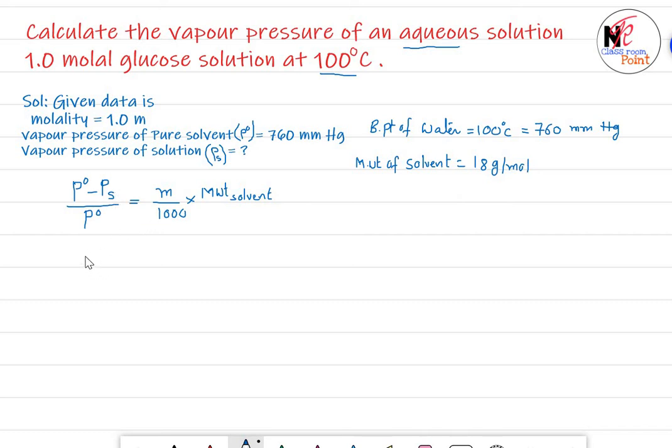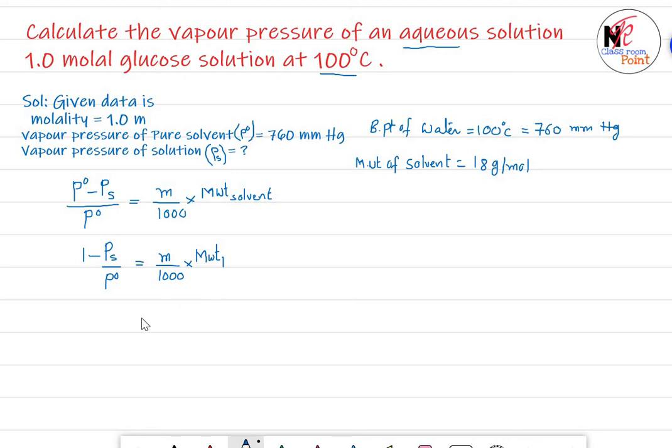So let us try to simplify this form. This can be written as 1 minus Ps by P0 equals m divided by 1000 into molecular weight of solvent. I'll take it as 1.